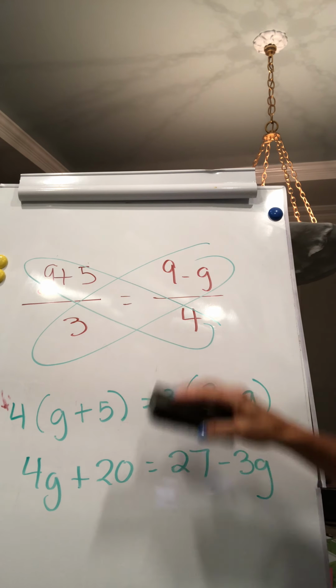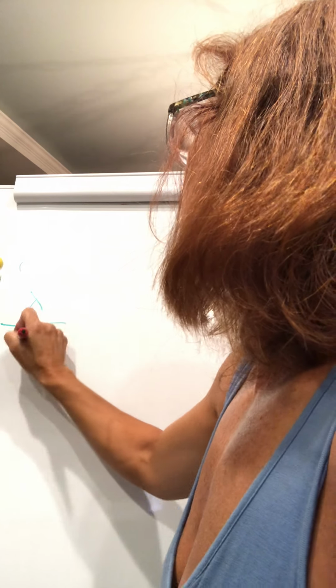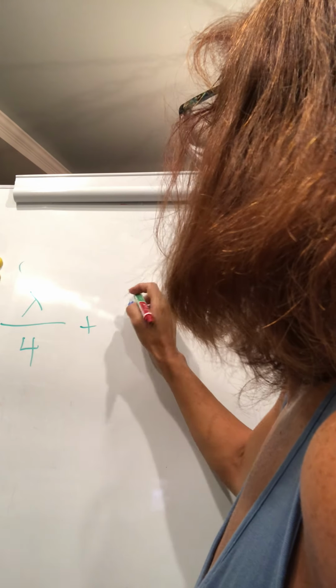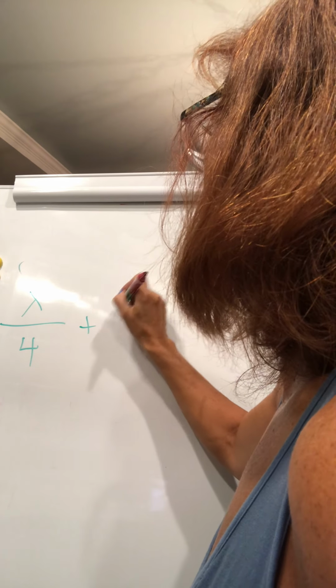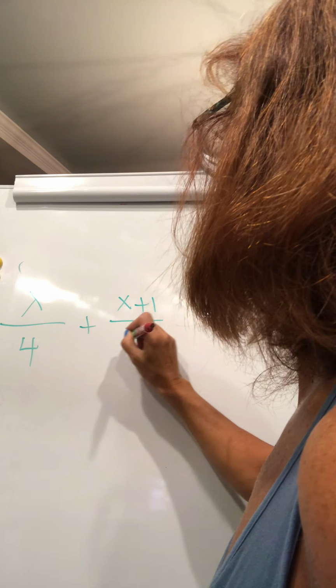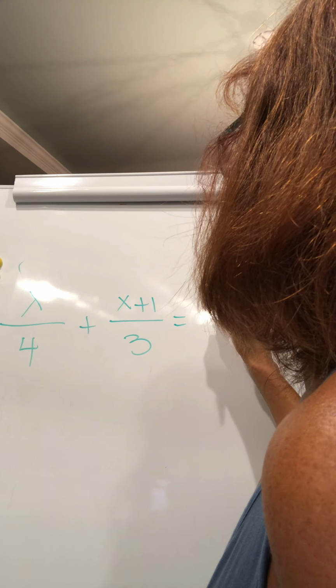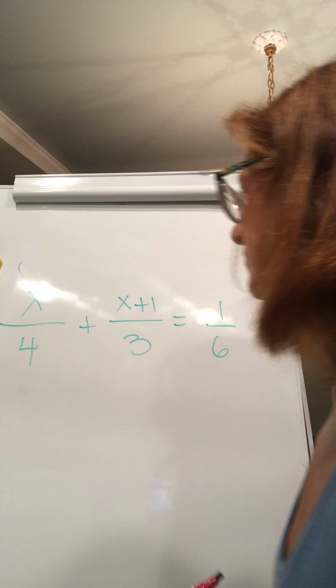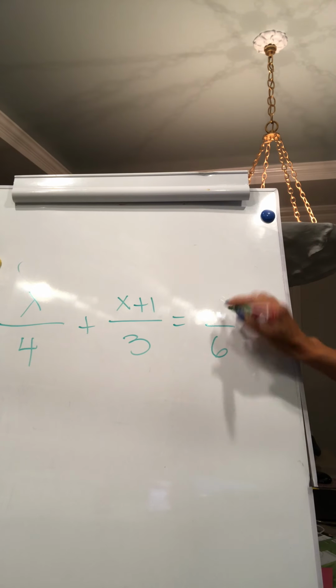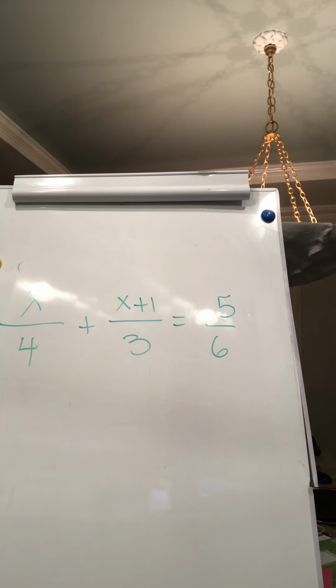All right, another way to deal with fractions is to multiply by the least common denominator. So this would work for proportions or any kind of problem with fractions. All right, so here's my problem with fractions. It's not a proportion, so I want to do something else.